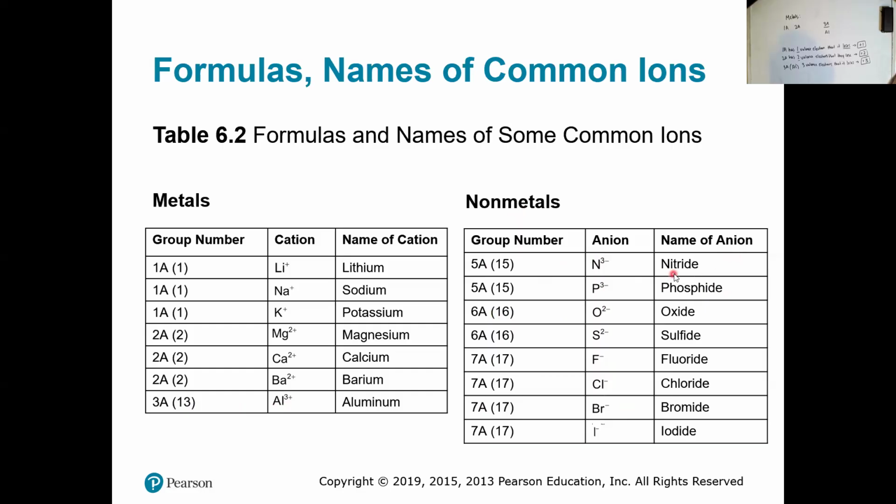Remember, they keep the first syllable of your element, and then the ide ending is going to be put on there instead of the regular ending. So instead of nitrogen, this is going to be called the nitride ion. Instead of oxygen, this is called the oxide ion. Okay? That's only true for the anions. For your cations that are positively charged, the names stay exactly the same.